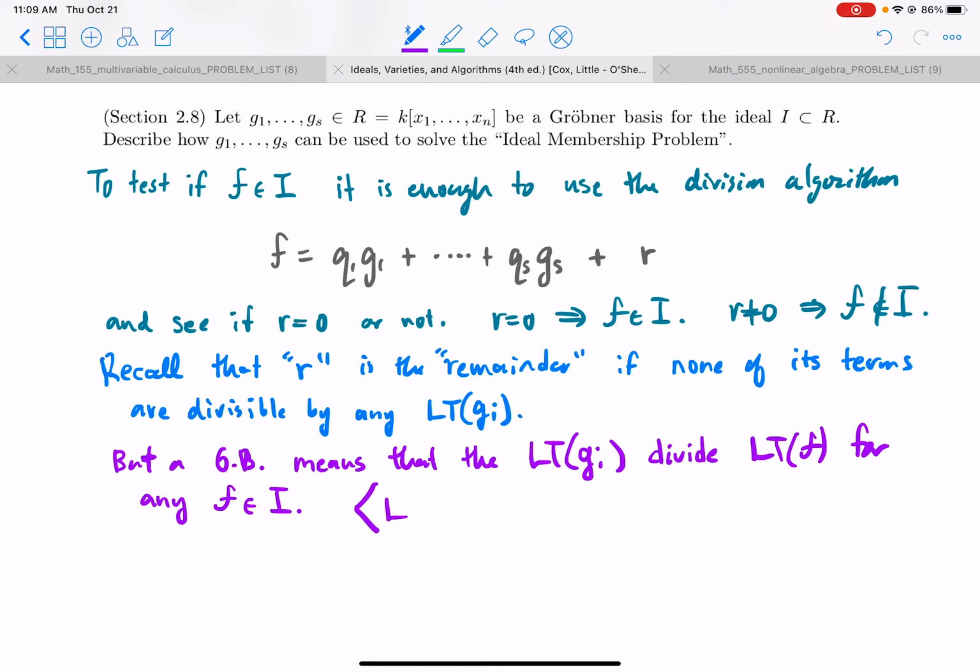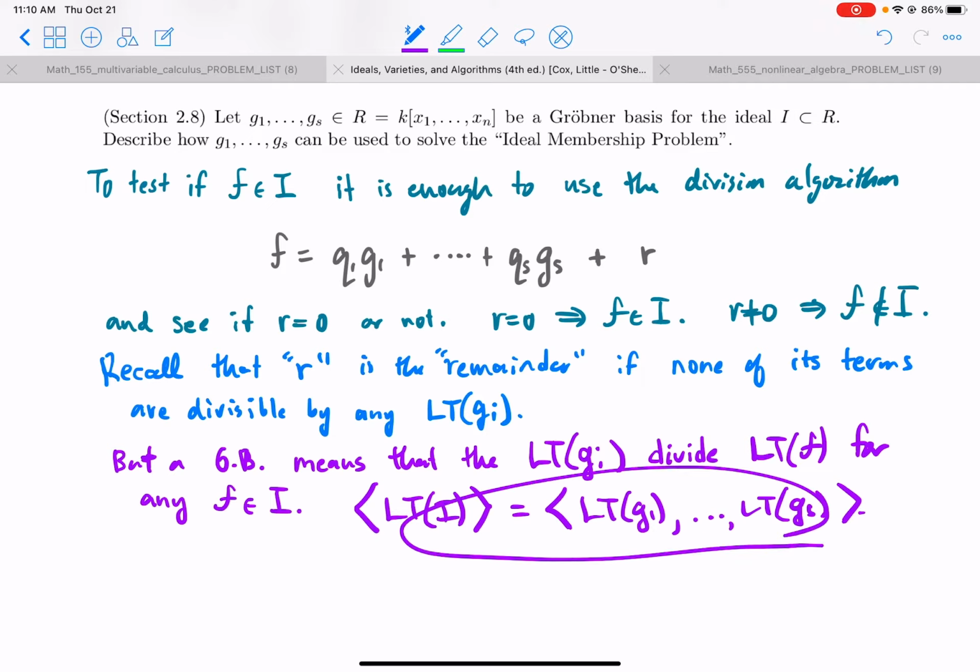Basically this is the property that the monomial ideal generated by all the leading terms of every possible polynomial in the ideal is equal to the monomial ideal generated by these finitely many monomials. And you can prove that this is equivalent to this.